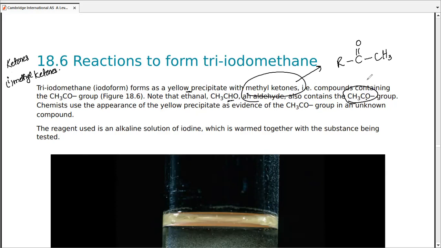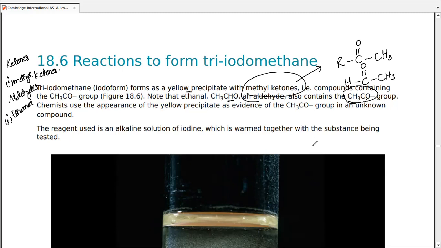You can think again, ethanal is actually formulated like this. So yes, it has the CH3CO group. So among all aldehydes, again, that's why I was calling it a broader test, ethanal would be able to turn this test positive.